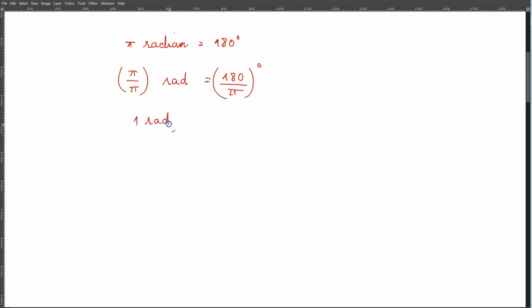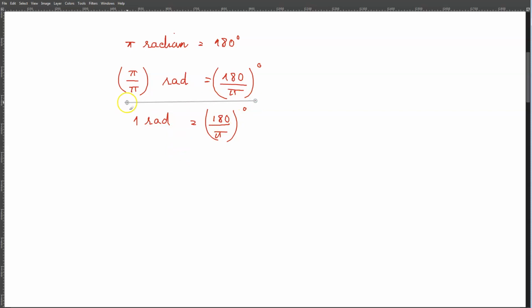So we said that basically pi radians is equal to 180 degrees, right? So that means that if I divide both sides of this equation by pi, 1 in radians is equal to 180 divided by pi in degrees. That means that 1 radian is equal to 180 divided by pi in degrees.